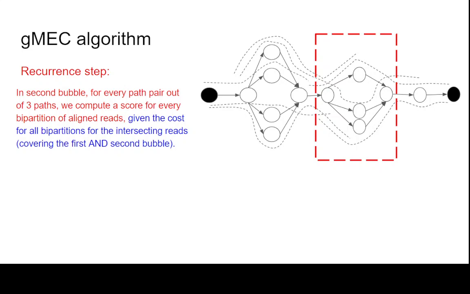And then we go to the second bubble, B2. Here, we again compute for every path pair out of 3 paths. We calculate the same, but we give the cost for all bipartitions for the intersecting reads. This is the main point: we consider the bipartitions that are consistent across 2 bubbles, so that covers the first and the second bubble.